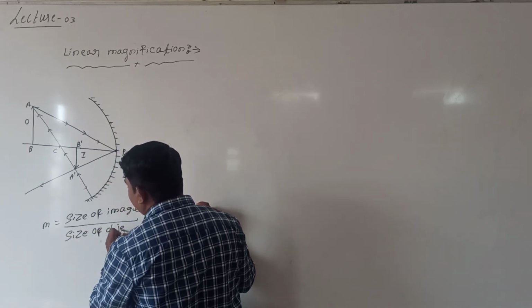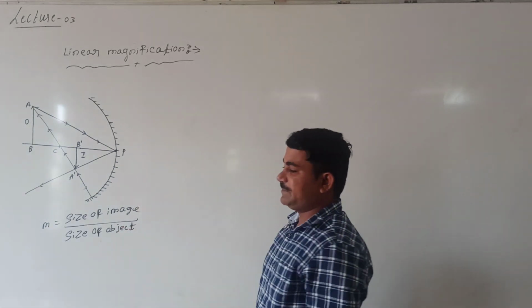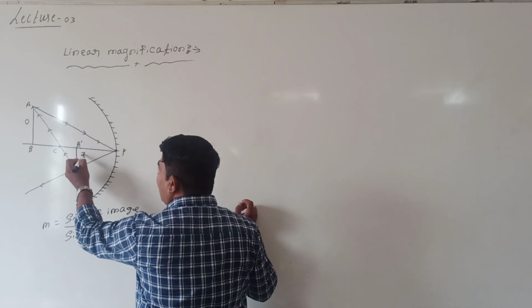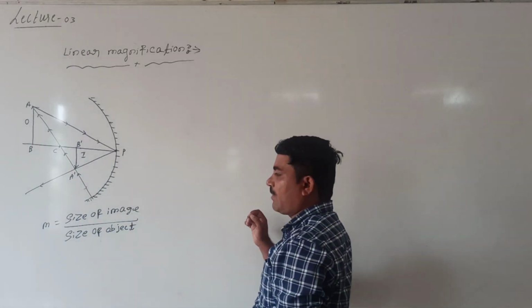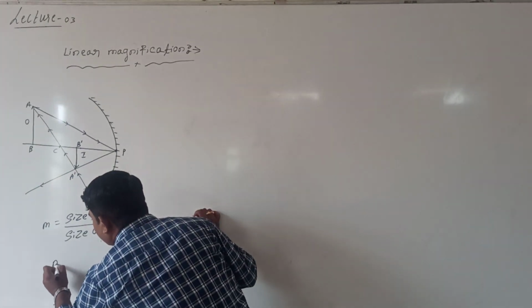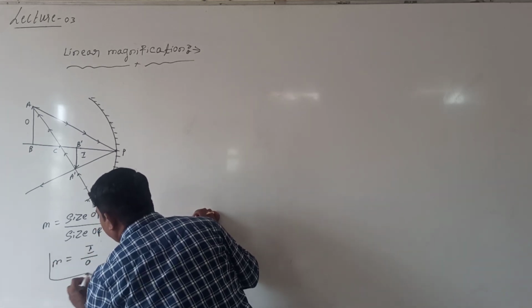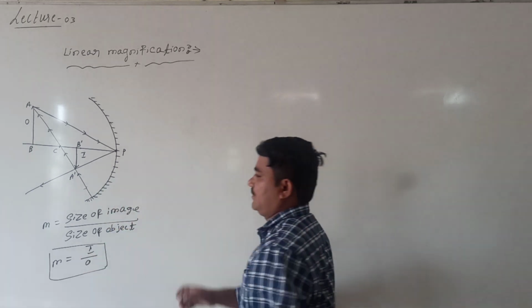Size of image can be represented by I, size of object by O. Then linear magnification M is equal to I divided by O. This is the general condition.